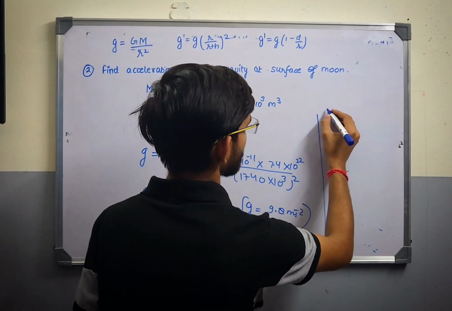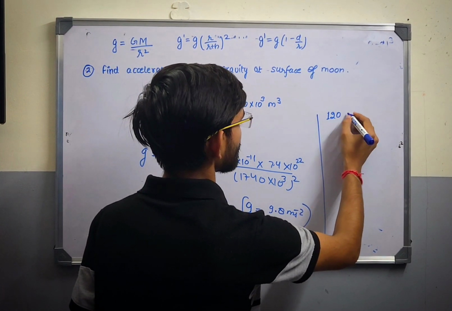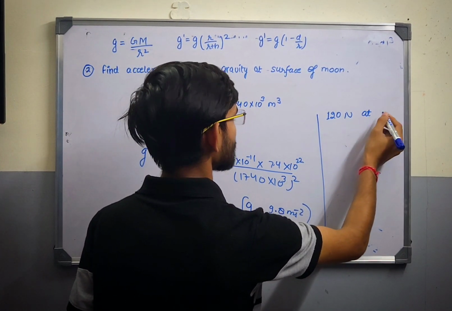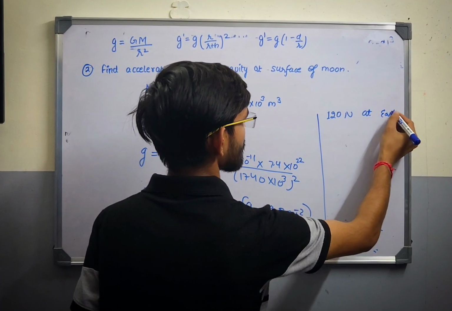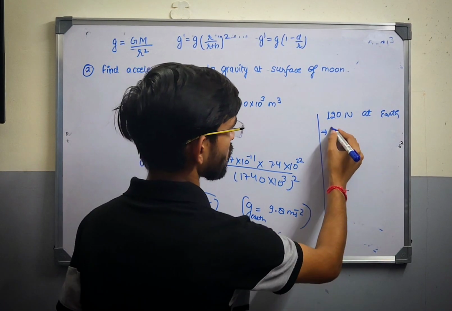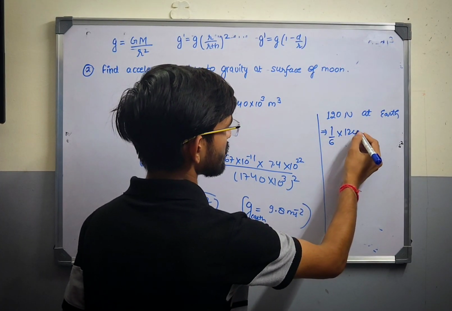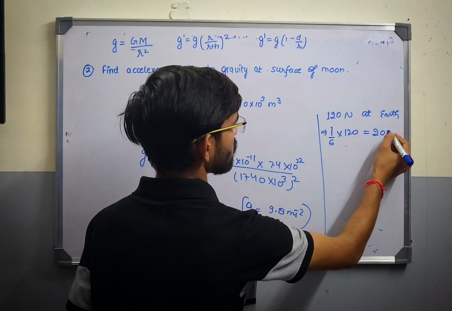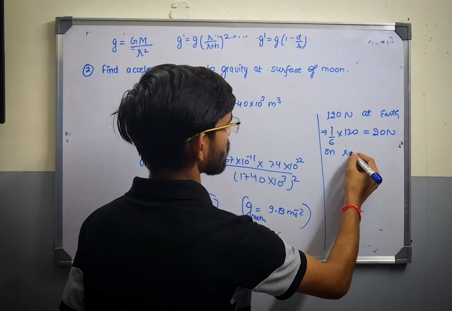So if your weight is 120 Newton at Earth surface, your weight at Moon surface will be 1/6 into 120, that is 20 Newton.